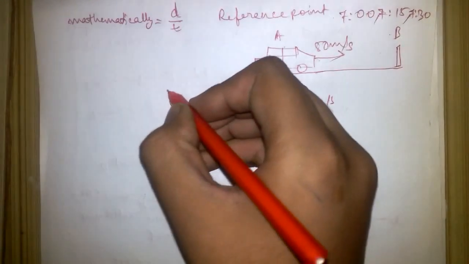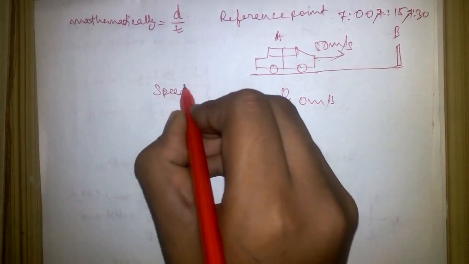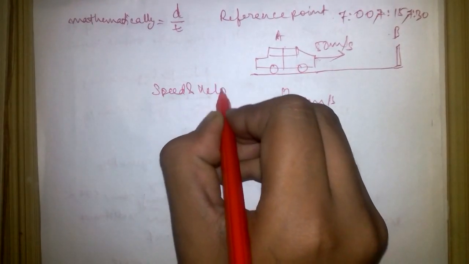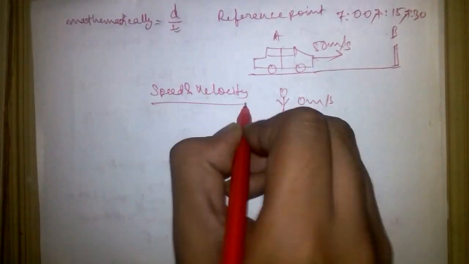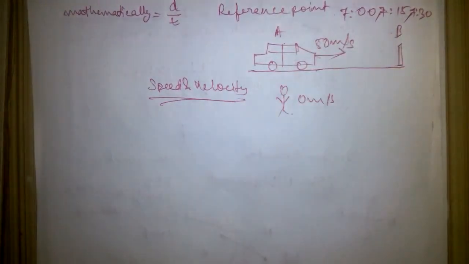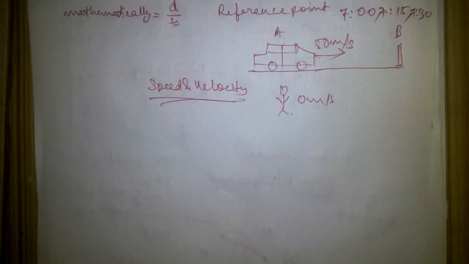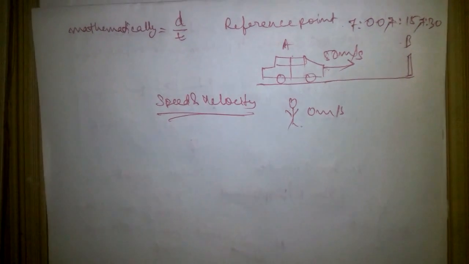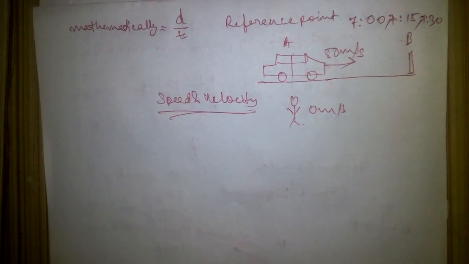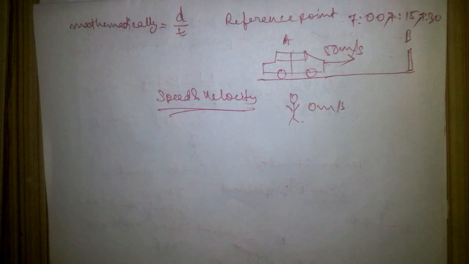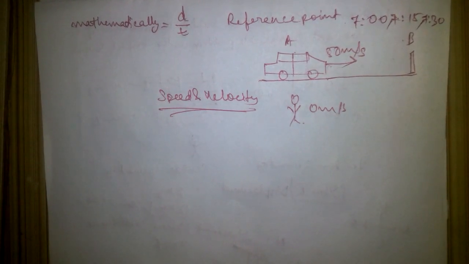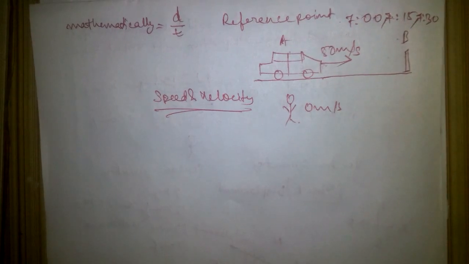So what is speed and what is velocity? In the last video you heard about distance. What is distance? Distance is the actual path covered by an object during its motion, and when it is at rest, the distance covered by it is 0.